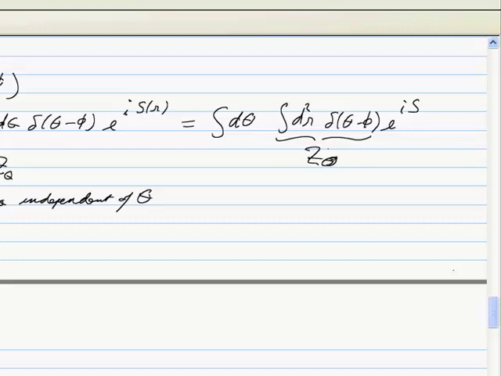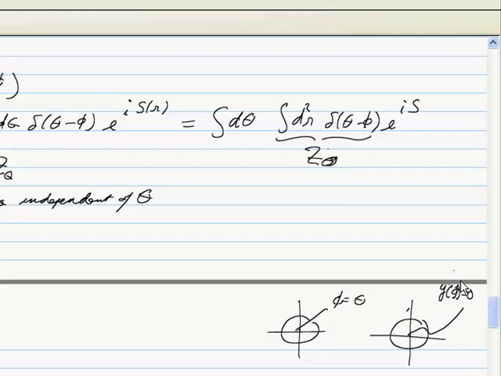So in this simple example, instead of fixing the phi integration to phi equals theta, we're going to temporarily fix the integration to be some more complicated function, g of phi equals 0, or g of r equals 0.